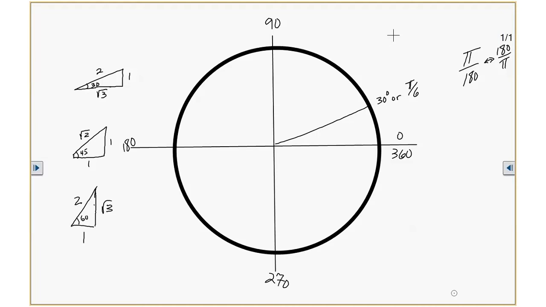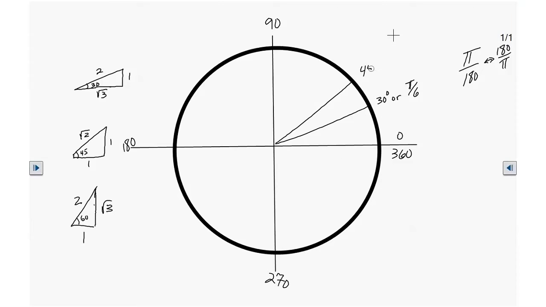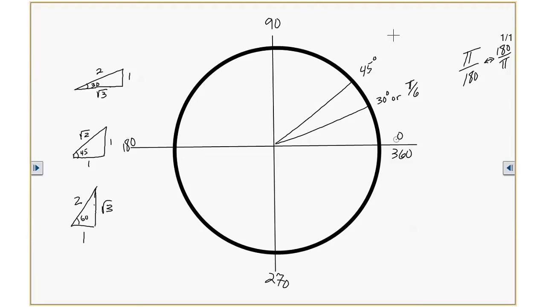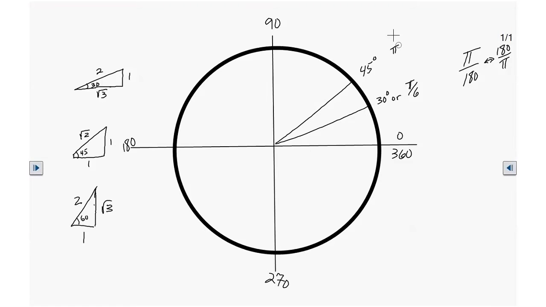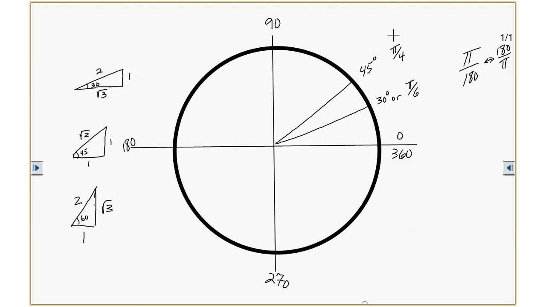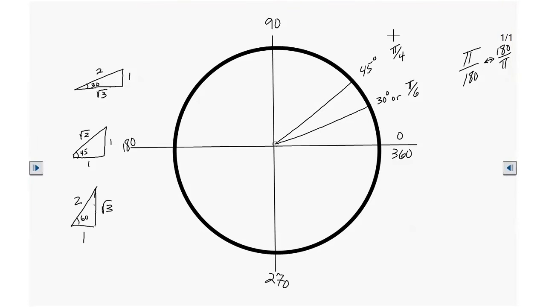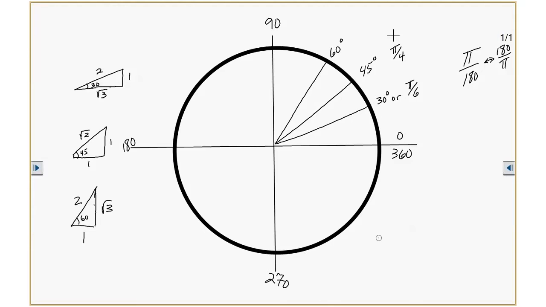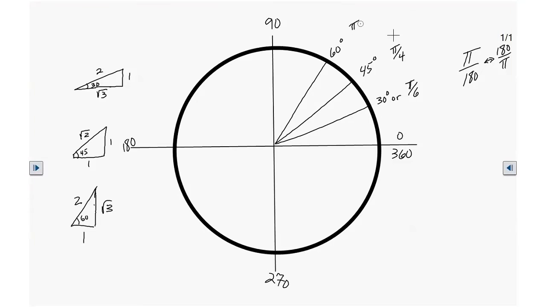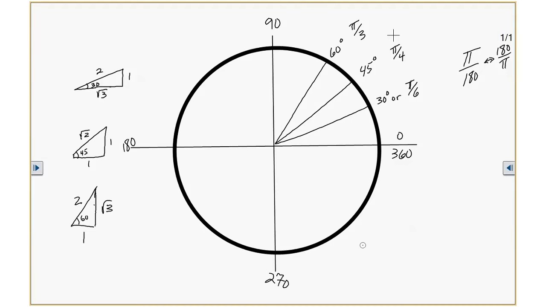Pi over 6. 45 degrees, 45 over 180 would be what? And 60 degrees, 60 over 180, which would be pi over what? Pi over what?